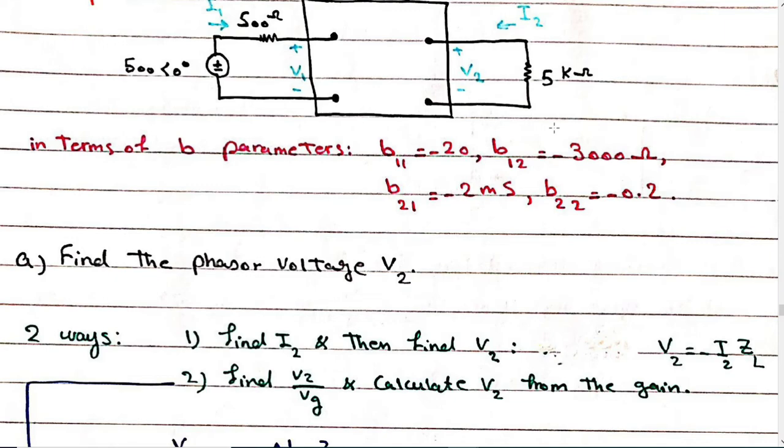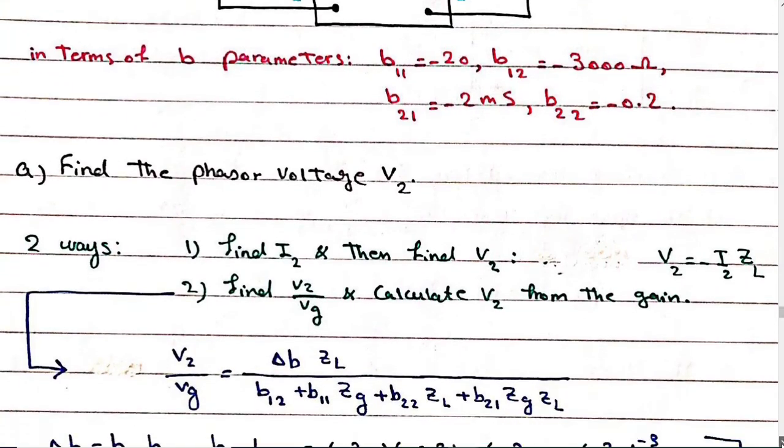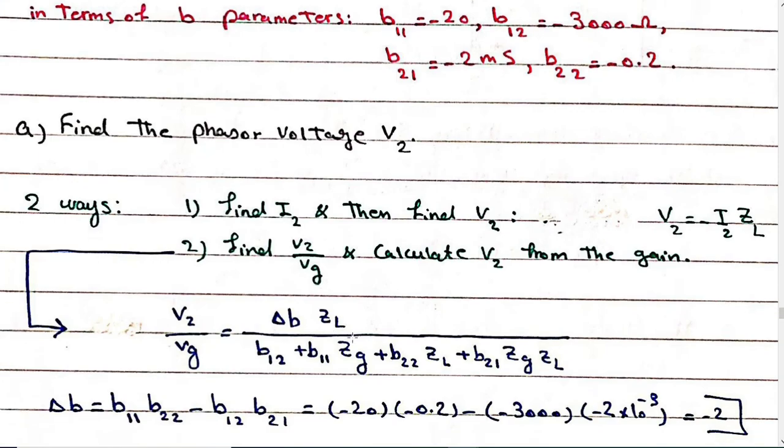So how much is it? 500 volts from here. So from this equation, very easily you can calculate V2. You have all other values.